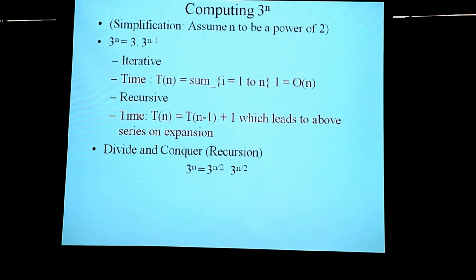Now if you have to write, let's do the time analysis first and then we'll see the implementation, because time analysis largely can be done independent of implementation. Sometimes it depends on implementation also. So what is the time?